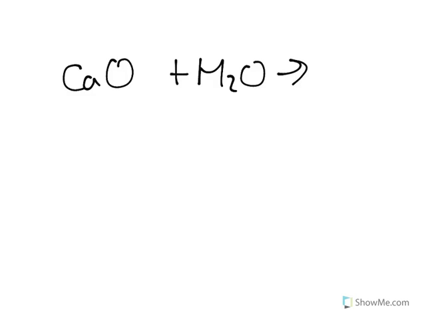Now let's talk about oxides. Group 2 oxide reactions with water. So let's use Ca, calcium. Calcium oxide plus water always makes a Ca 2+ ion and 2OH- ions.